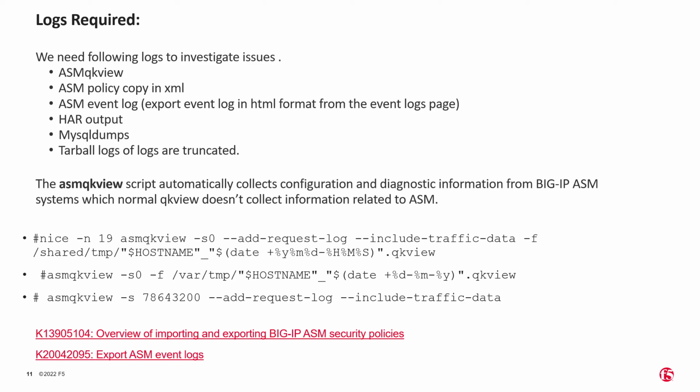To validate some of this, they insert cookies. If the issue is caused by those cookies, or to validate whether the cookies are passed or not, HR logs will be required. Then apart from HR, there are MySQL dumps, and I will explain next how to collect those.